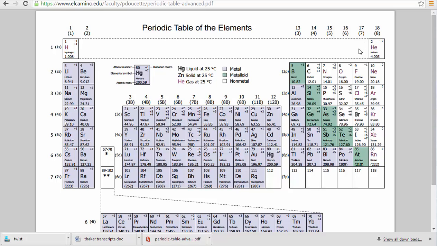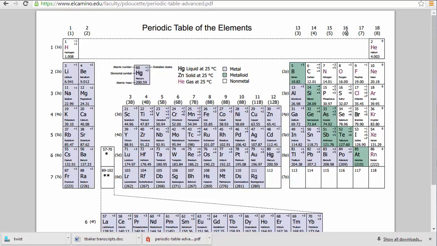And so it will be one place away from your noble gases, and that's when it will have a -1 charge. Everything here in group 2 will have a 2+ or a +2 charge. And then when we get over here to 13, we'll have a +3. 14 will have a +4, which also at times, because it's right here in the middle, could either gain electrons or give up electrons, so it'll either have a +4 or a -4 charge.